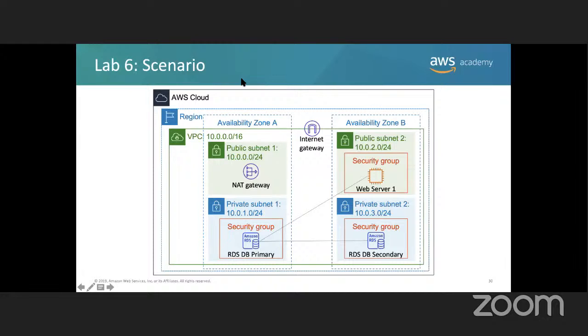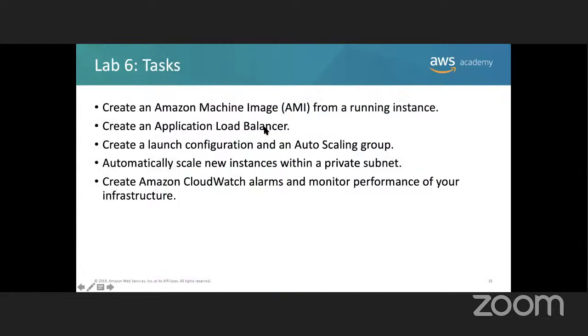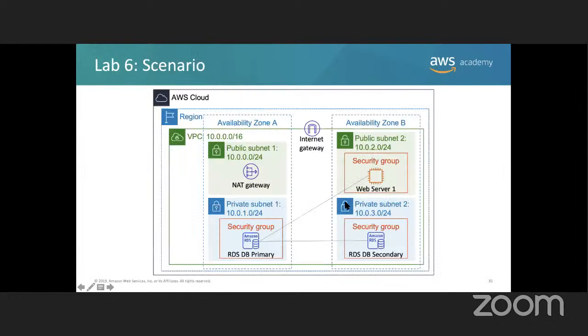Okay. So this is the scenario. You have this architecture, 2 availability zones, 1 internet gateway, 2 public subnets, 1 and 2, with the CIDR 10.0.0.0/24. We have a NAT gateway here in the public subnet. We have a web server here in public subnet 2 with a security group.